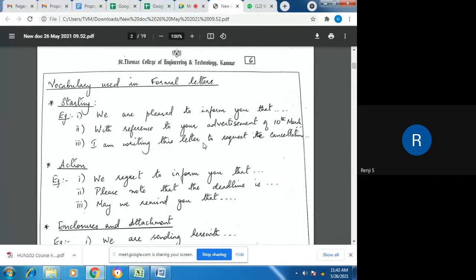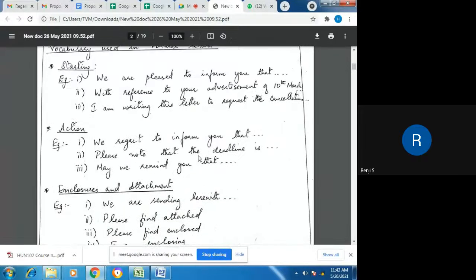You are referring to some other document you had received earlier, and you are continuing and discussing that in your letter. Then you can start with the reference to that document. It can be an advertisement or any other letter. Or you can write, I'm writing this letter to request, as in a request letter to cancel something.